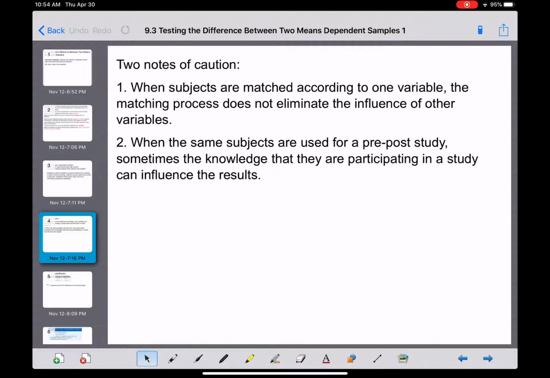Again, we can eliminate some extraneous variables, but we're not eliminating all. So when subjects are matched according to one variable, the matching process does not eliminate the influence of other variables. When the same subjects are used for a pre-post study, sometimes the knowledge that they are participating in a study can influence the results.